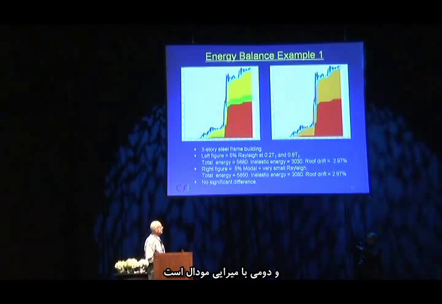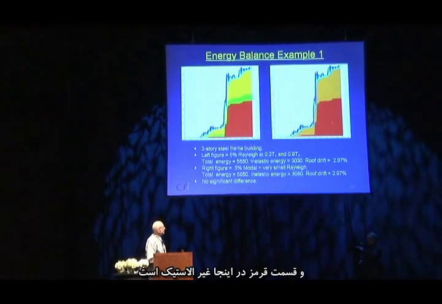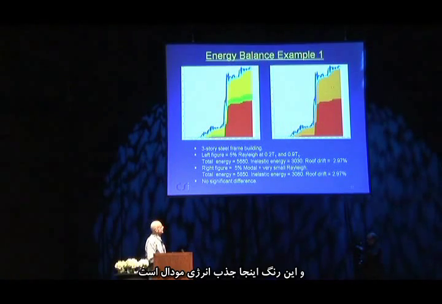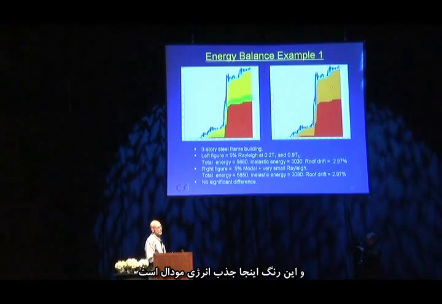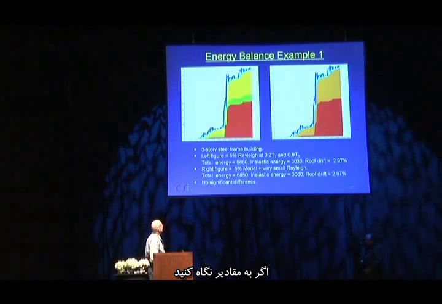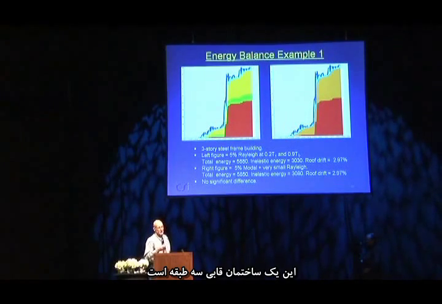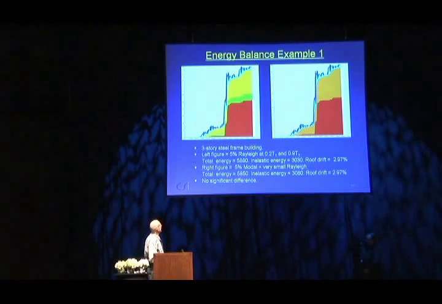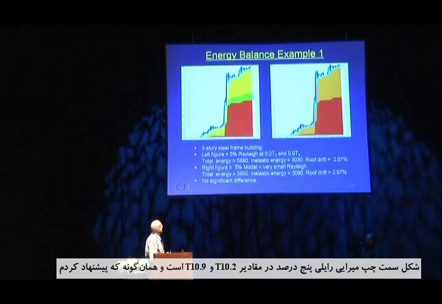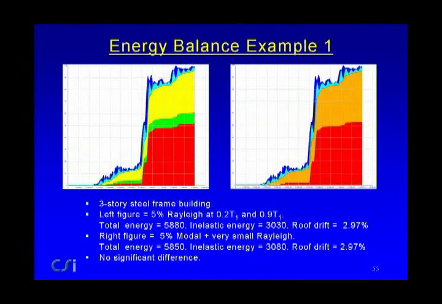And the second one is with modal damping, and the red here is inelastic, and this color here is modal energy dissipation. And if we look at the values, this is a 3-story frame building. It's just a little example I used earlier. The left figure has got 5% Rayleigh damping at the 0.2 and 0.9 T1 as we suggest. The total energy dissipated calculated is 558.80.